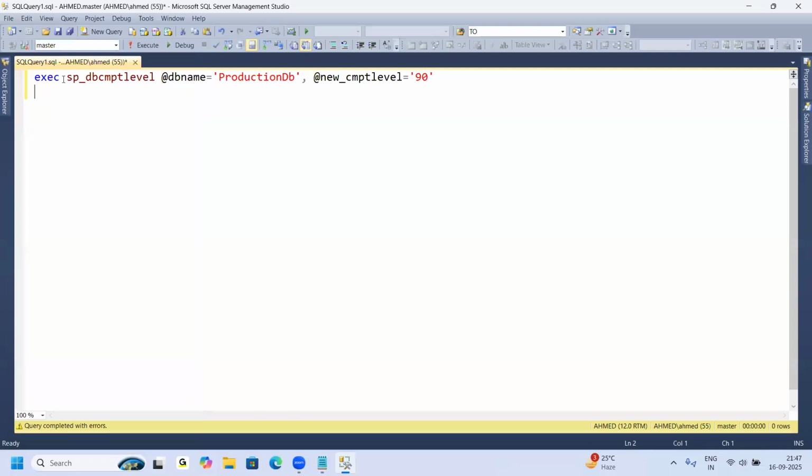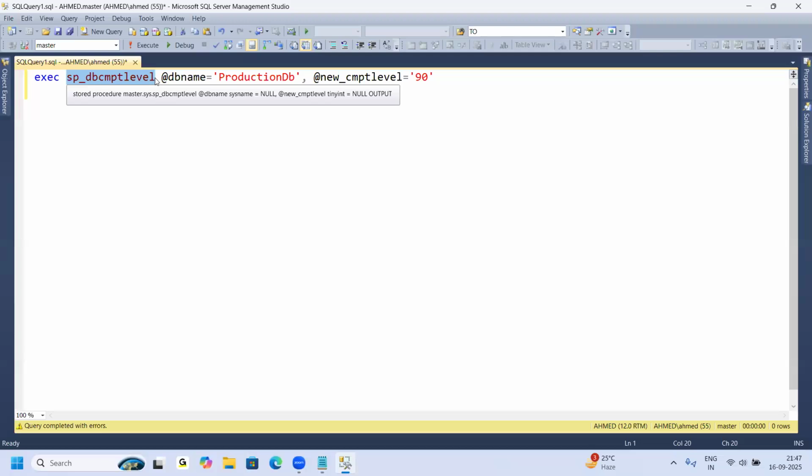This is a system stored procedure. When I was working with 2012, to show the outer joins implementation, I used to apply this and enable 2005 features.